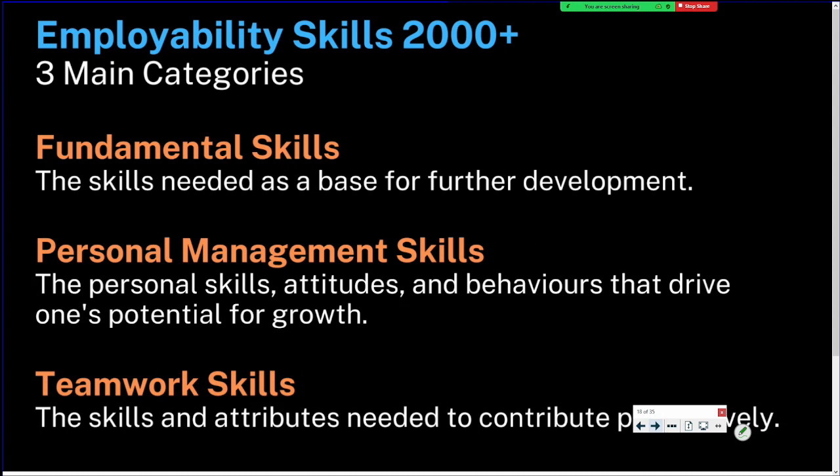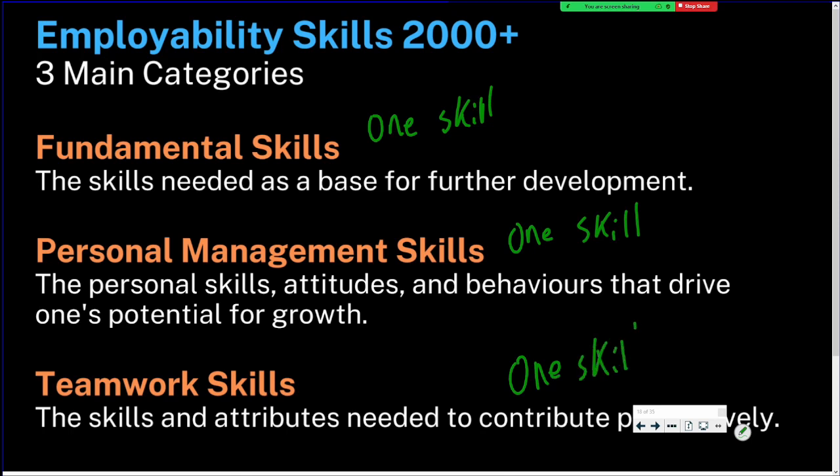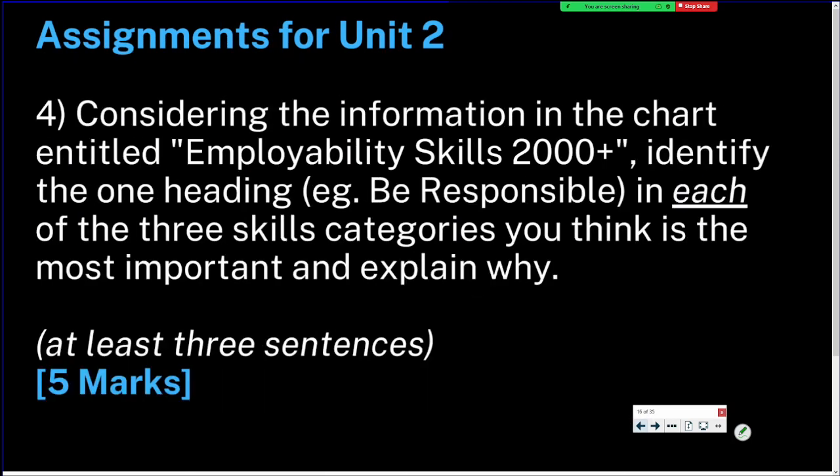So I have to find one skill here, and one skill here. Identify the one heading in each of the 3 categories you think is the most important and explain why.